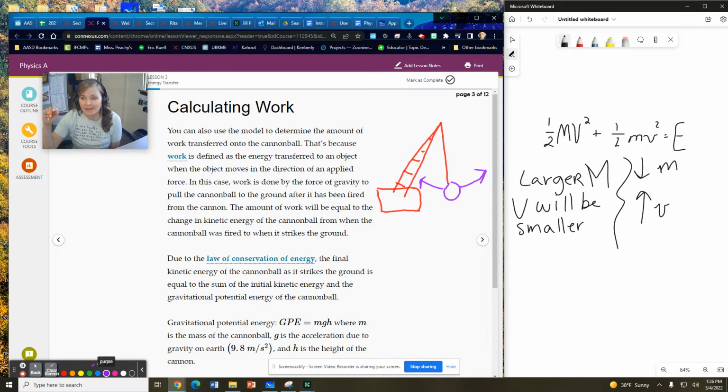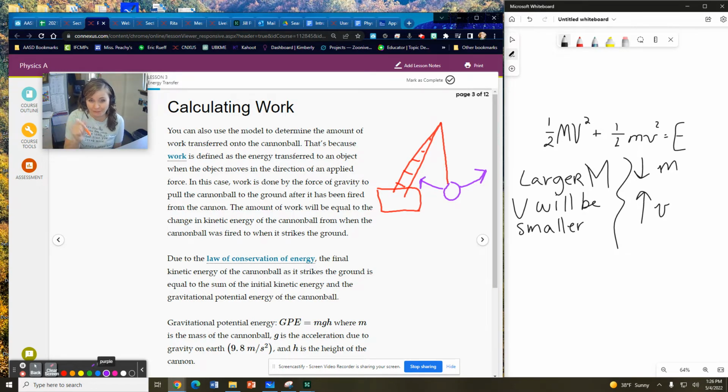The more it moves, so the faster that ball is going, the more destructive power it has. It can actually do more work on the building and knock it down. If it's more massive, if it's a heavier ball, it can also do more work.